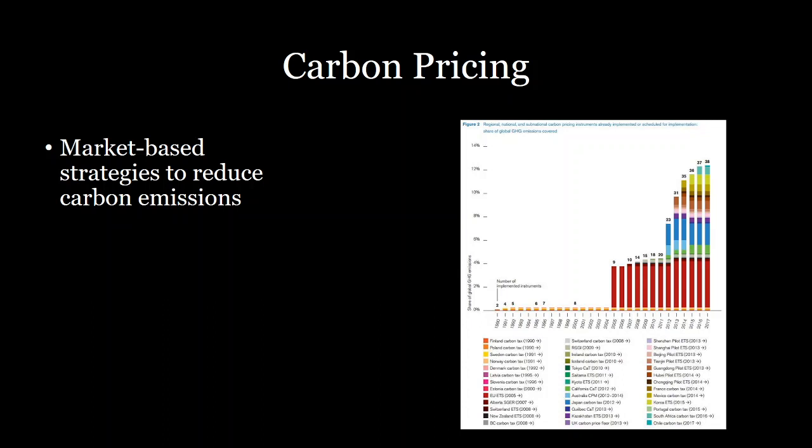And these are definitely not new ideas. Carbon taxes and carbon sequestration policies have been enacted since the early 1990s and have really taken off. So that in 2005, you had the EU enacting carbon pricing.